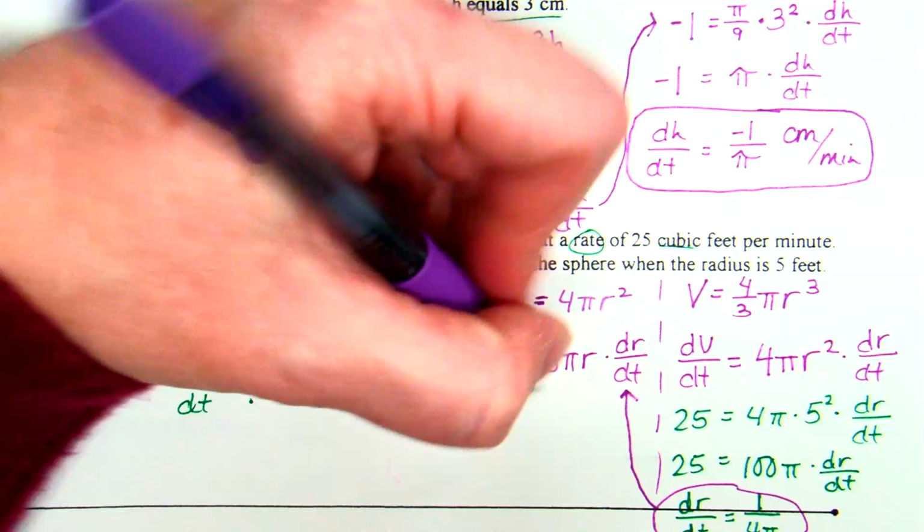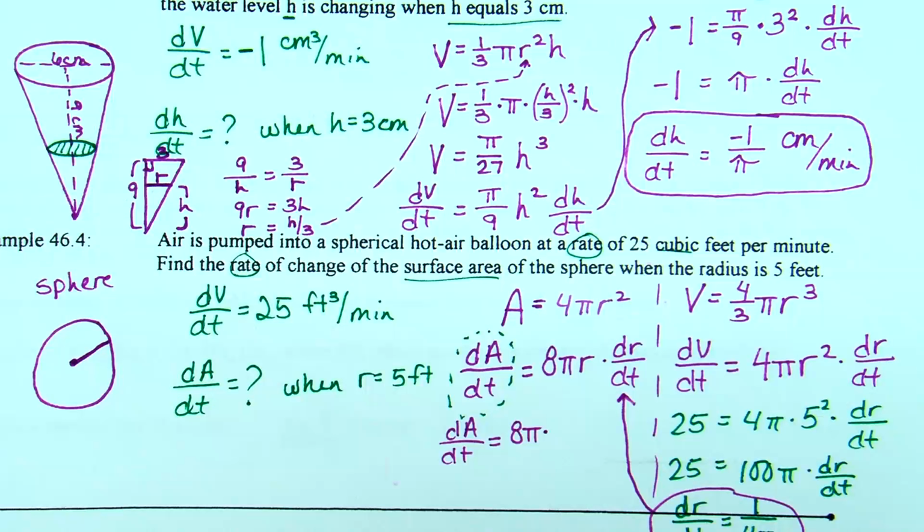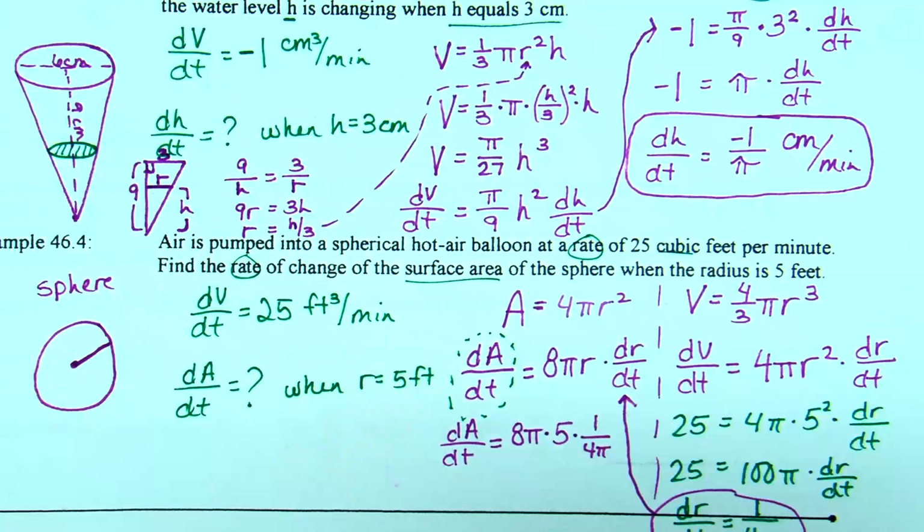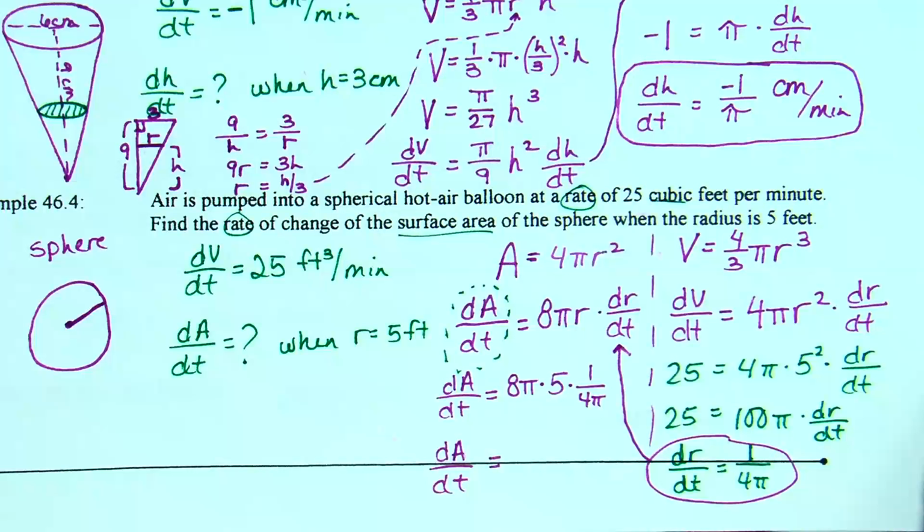dA/dt is 8 pi r, which at this point is 5, times dr/dt, which is 1 over 4 pi. Do some cleanup. Sorry guys, I'm a little off the bottom of the screen there, aren't I?